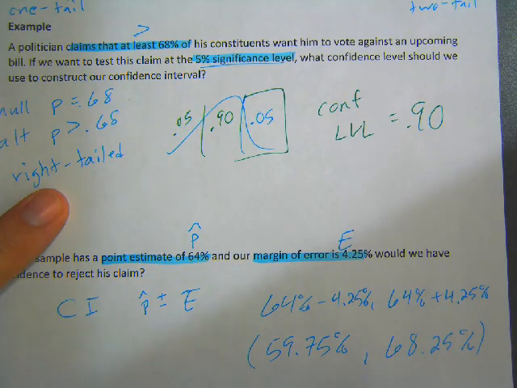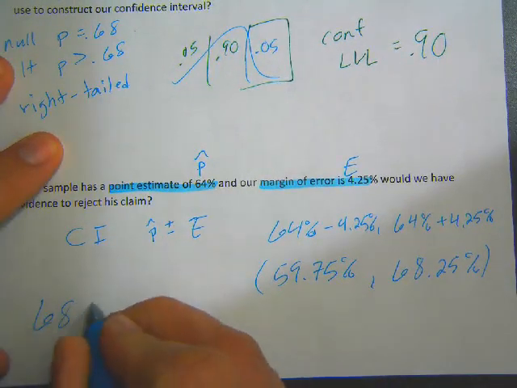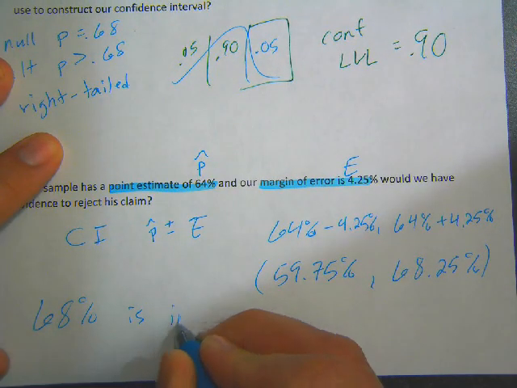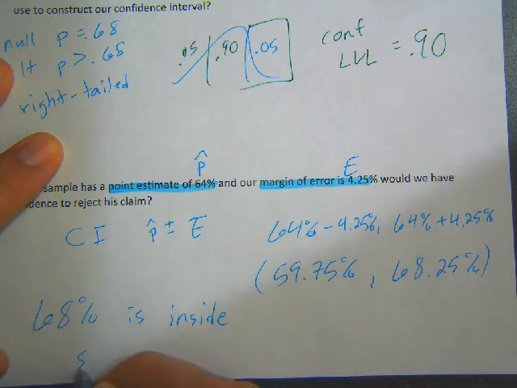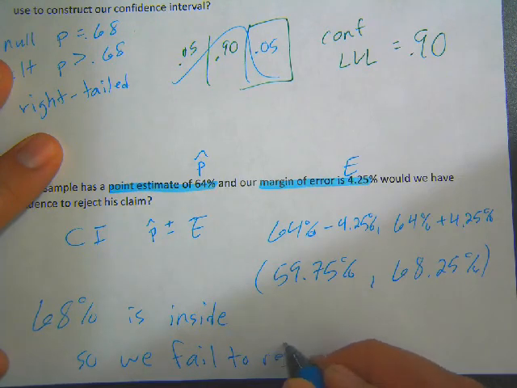It's good enough, right? Because my range says anything between 59.75 and 68.25, anything in that range, I'll accept. It seems reasonable. So 68% is inside, so we fail to reject. We don't have enough evidence to reject it because it looks good enough to us. So we fail to reject because that 68% is inside.